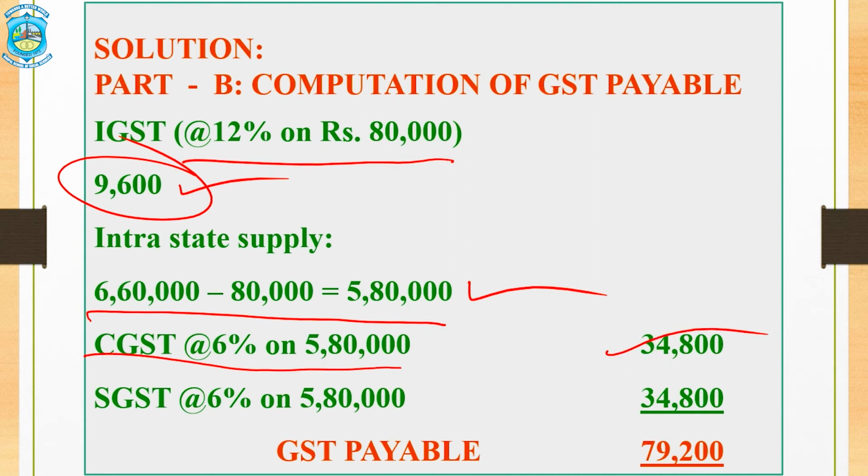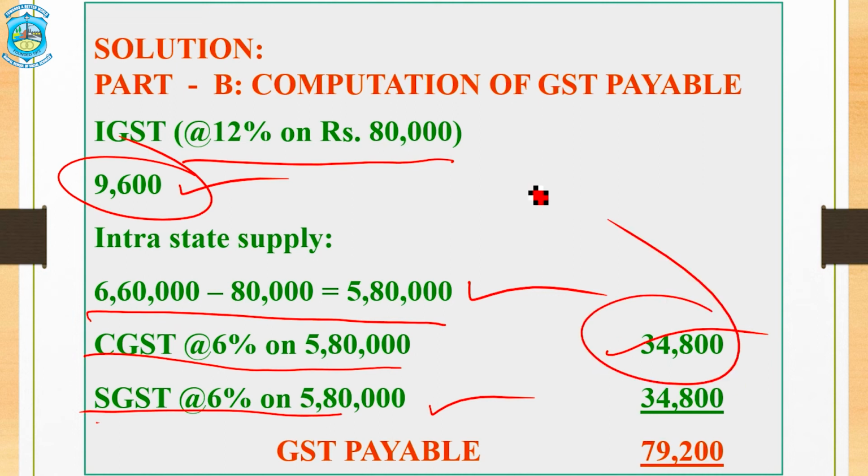We have CGST and SGST, 6% of 5,80,000 each. So total tax will be 9,600 plus 34,800 plus 34,800. So total GST liability of this particular dealer is rupees 79,200. That is the final answer of our GST calculation on the supply of the goods made by this dealer.